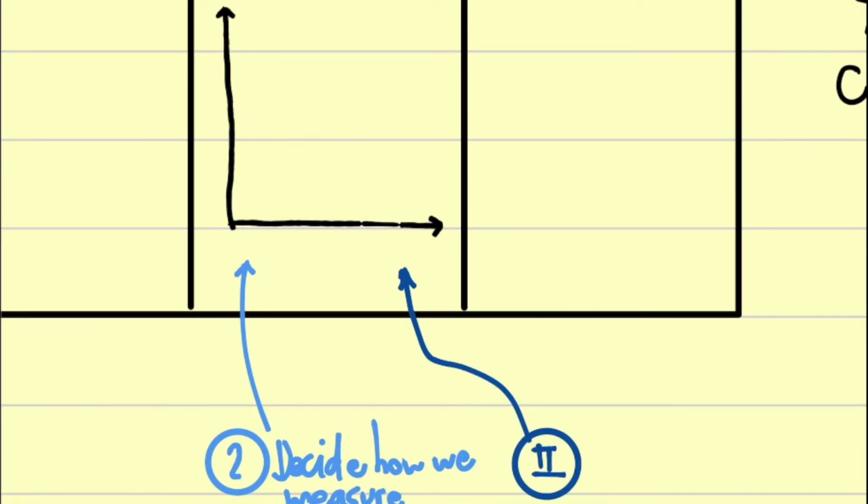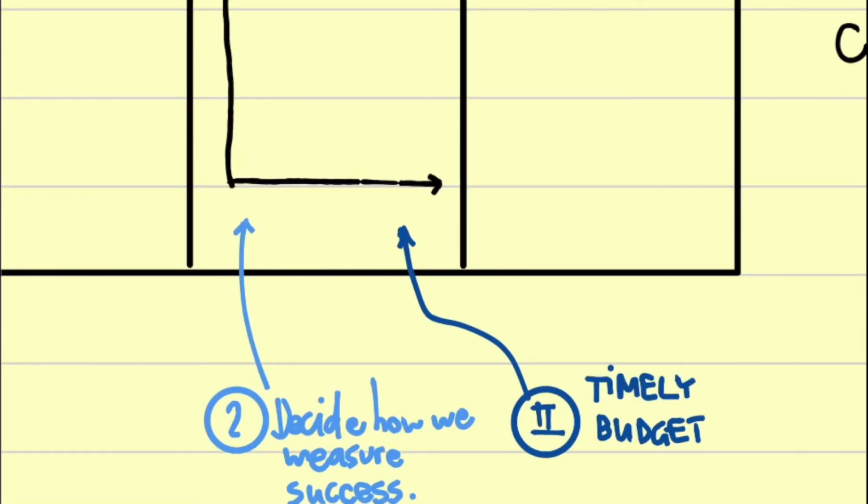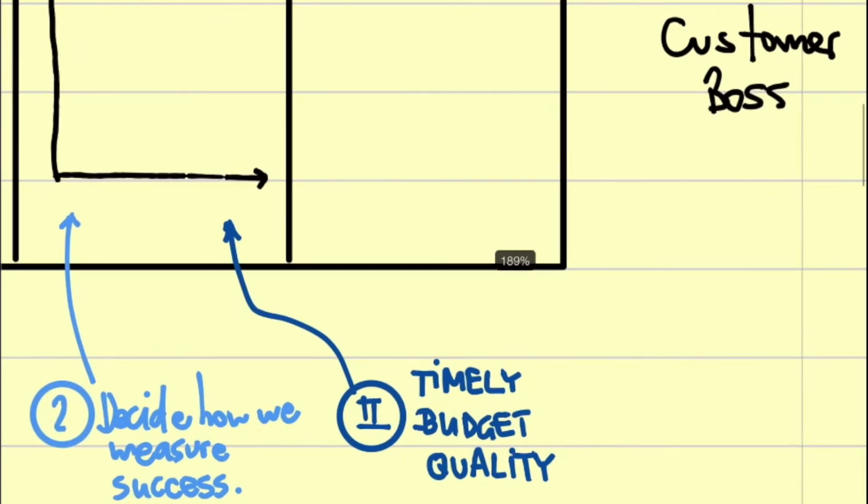You can measure timely performance, budget performance, or quality of output, of outcome.